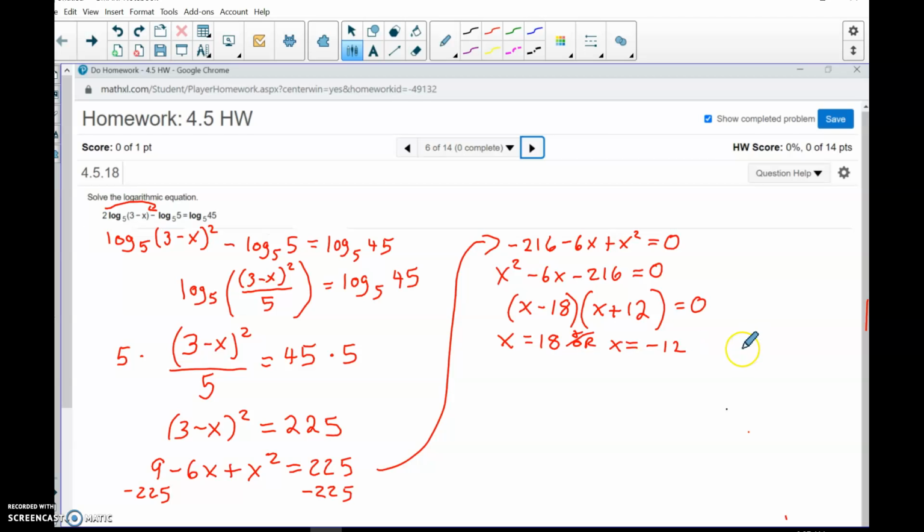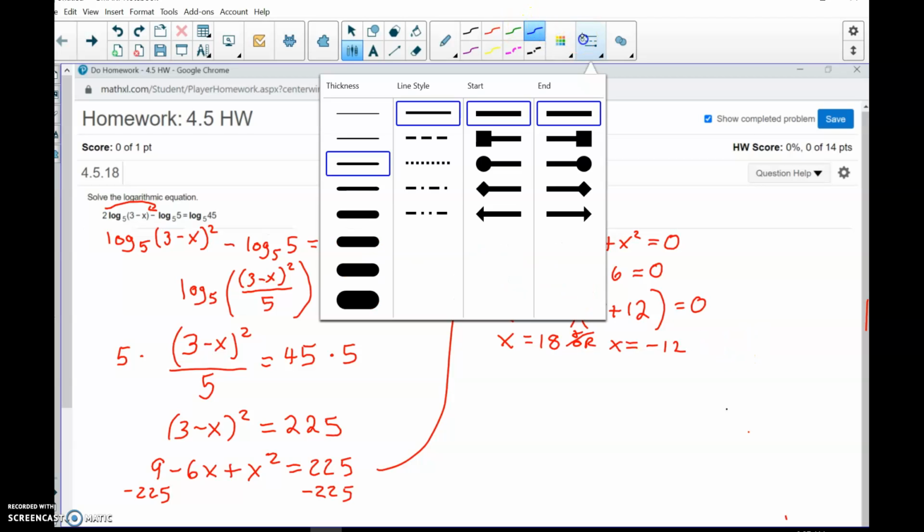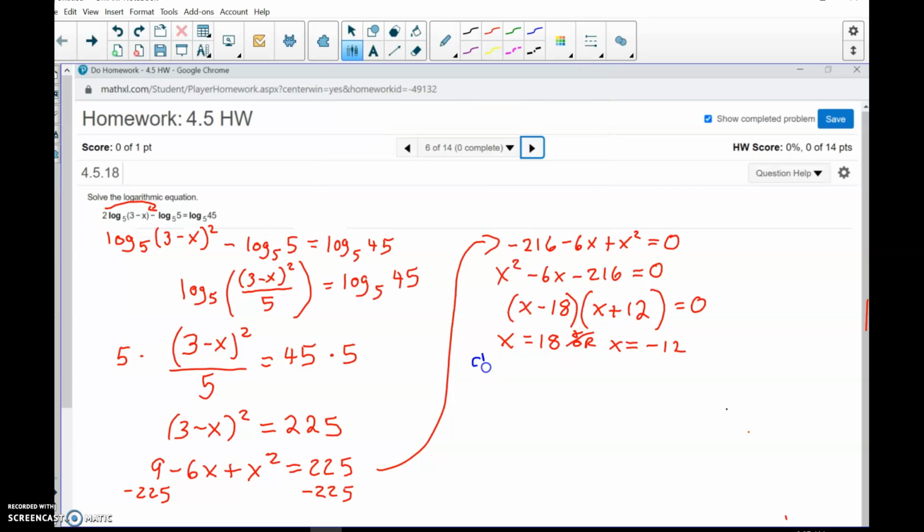Now we got to check our answers. So let's use a different color for checking. Alright, so if I put 18 back into my original equation, I get 2 log base 5 of 3 minus 18, minus log base 5 of 5 equals log base 5 of 45.